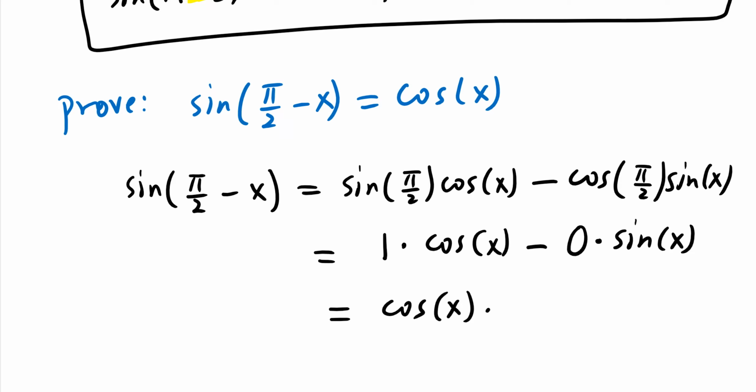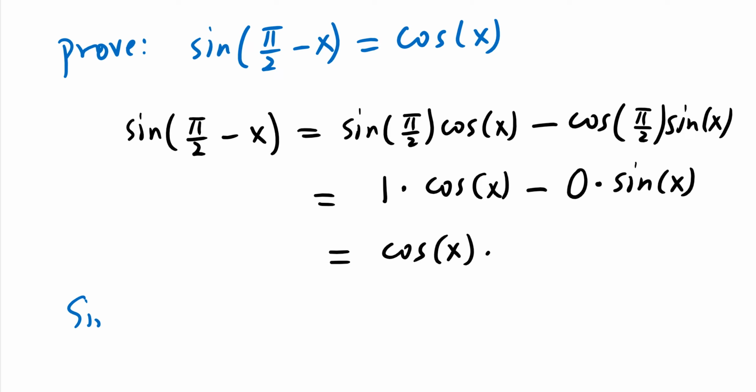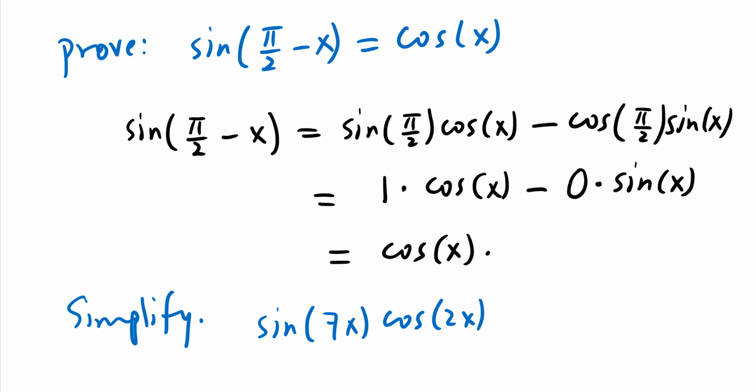Another example, maybe simplify sine 7x cosine 2x plus cosine 7x sine negative 2x.